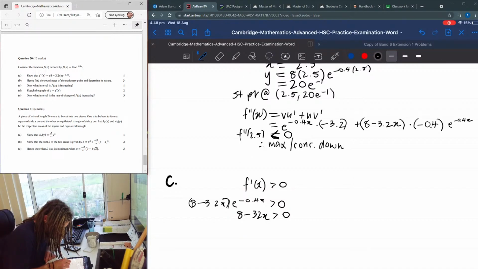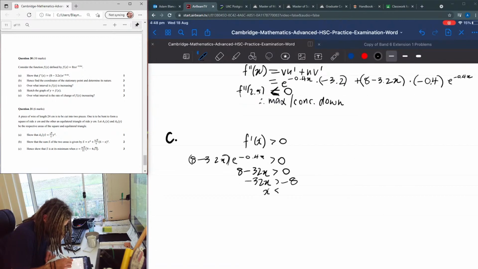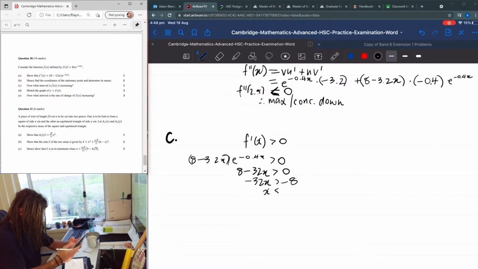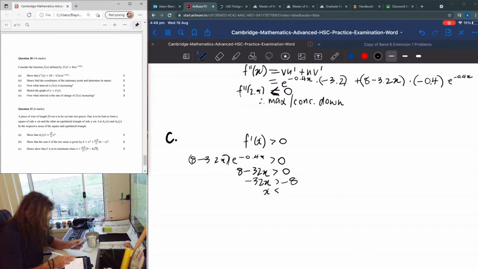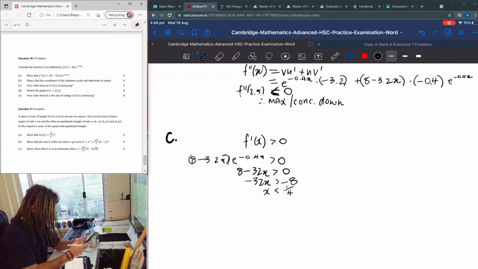So that means negative 32x is greater than minus 8, which means x is, now I swap that, 8 divided by negative 32. 8 divided by 32 is a quarter. It's when x is less than a quarter.